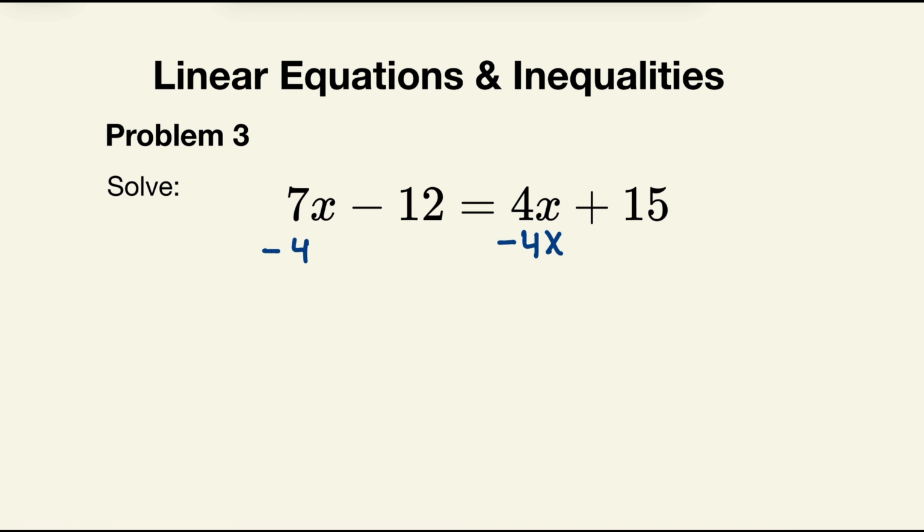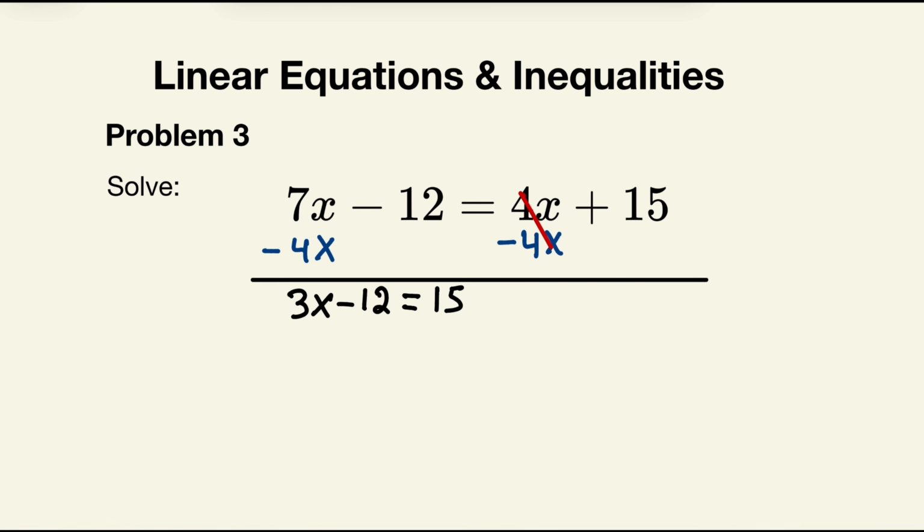And so when we do that, we end up with 3x minus 12 on the left. Of course, the 4x minus 4x cancel out. And that is set equal to +15.